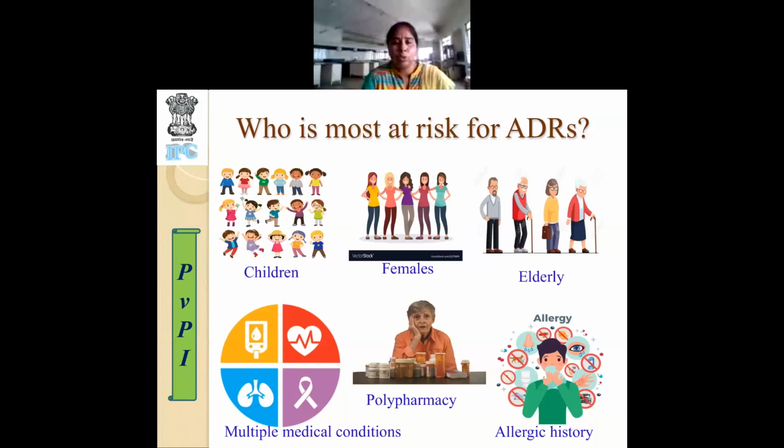Later, after giving treatment, it came out that he had a history of insect bite allergy. He had not given that history before administration of the vaccination. So it is very important to get the medical history of a patient before giving a drug. These are a few examples of who is at more risk for developing adverse drug reactions.